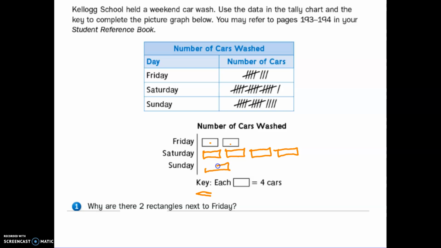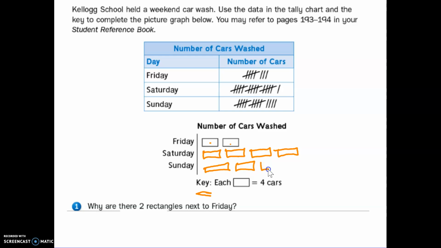What about Sunday? On Sunday, we did 5, 10, 14. Well, there's 4, 8, 12, 16. Oh, Mrs. Floyd doesn't know how to count. That's not 18 cars on Sunday. That's 14 cars. So I've got 2 rectangles. There's 4.